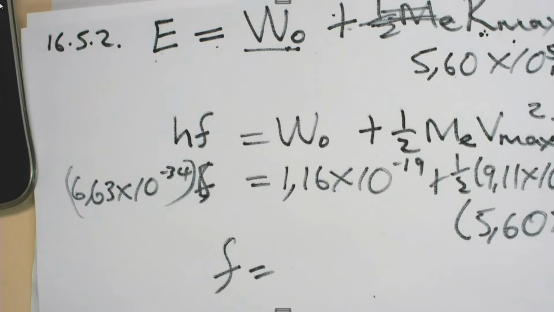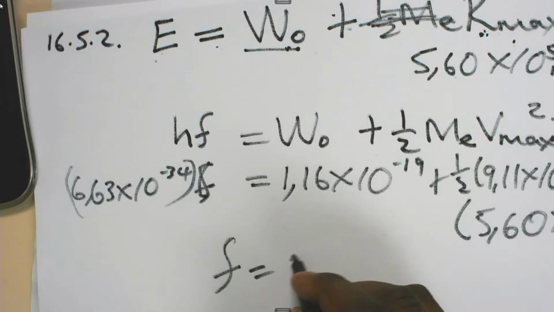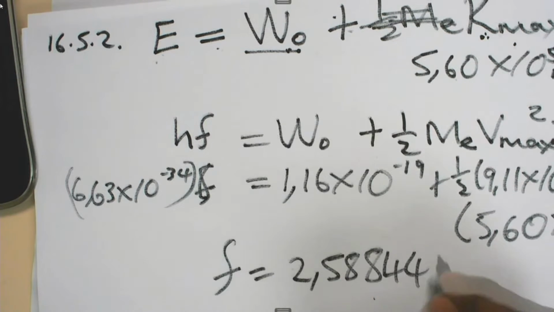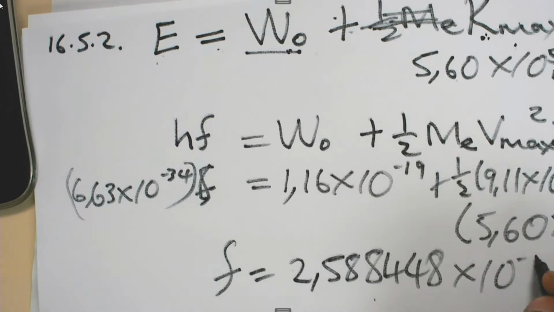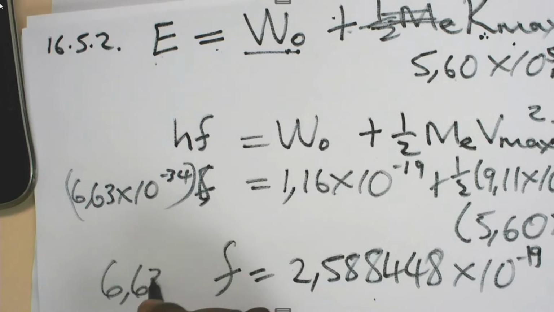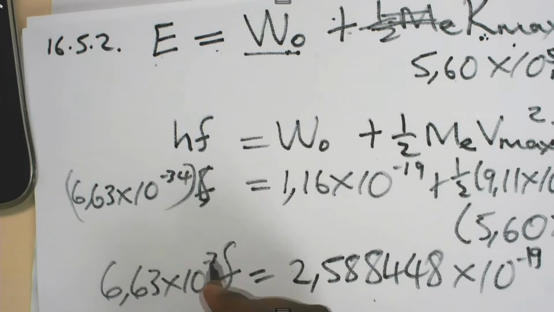We then have 2,588,448 times 10 to the power minus 19, and here we still have 6,63 times 10 to the power minus 34.